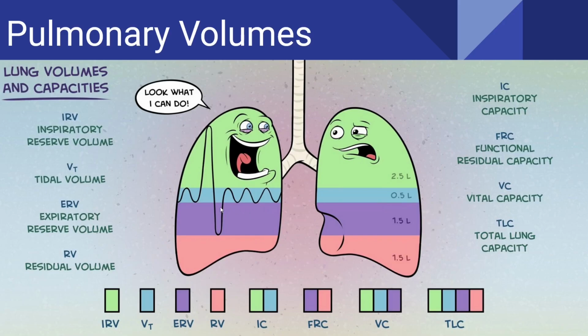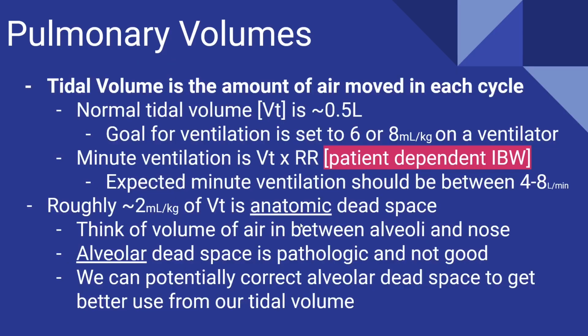And you can look this up on the internet and find just the same pattern of waveform describing these different volumes. But it's not going to be something that's on the test. They're not going to ask you how much a patient's functional residual capacity would be. That's more just a nice to know thing.